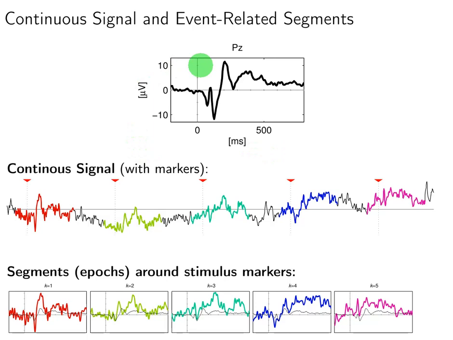How do we acquire these event-related segments from continuous data? For example, here we have continuous EEG signal acquired from one channel, Pz. During the experiment, the visual stimulus is shown to the subject, and the time of the onset of the visual stimulus is recorded along with the data.